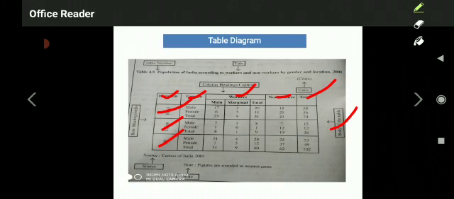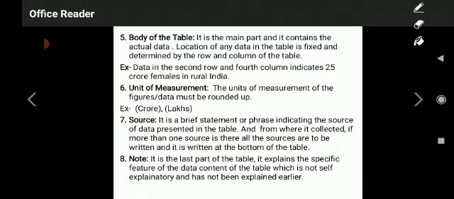In the body of the table, you understand the entire data which is showcased in that particular table. It gives a clear picture of the entire data which is fitted in that table. One more example is there for the body of the table.